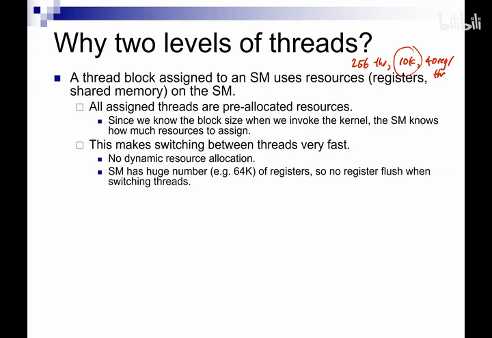Now, if you want to switch between 2 threads, well, you've been pre-allocated this block of 10,000 registers. Suppose, how do we make this computation easier, let's say you have a group of 10 threads.